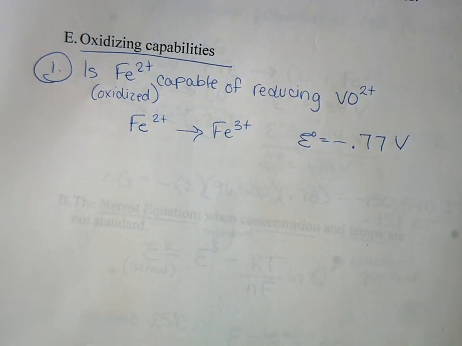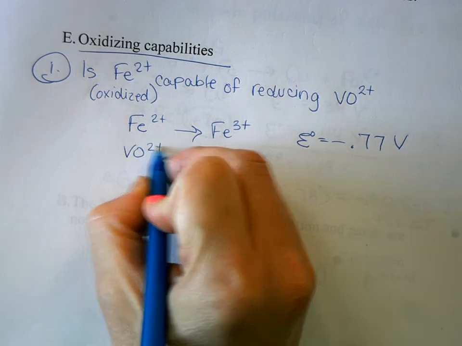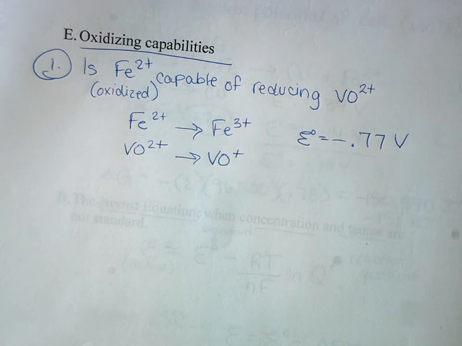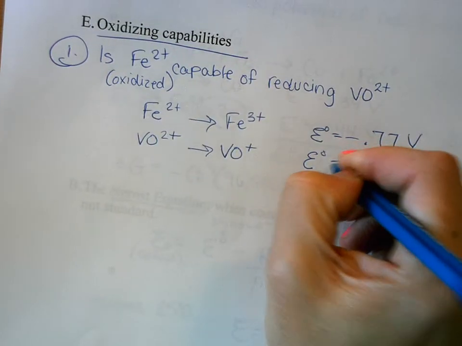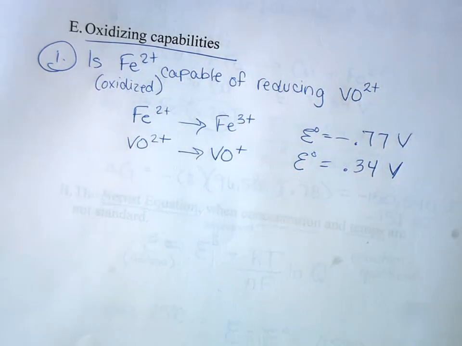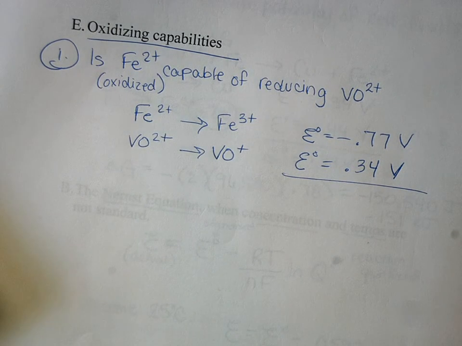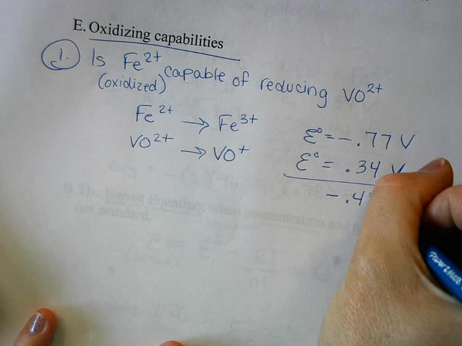So then if VO2 plus is going to be reduced to maybe VO plus, I could spend forever looking on the chart for it again, or you can just trust me. I already looked it up. It's 0.34 volts for that reduction potential. So then when these add together, I get a negative answer, negative 0.43 volts.